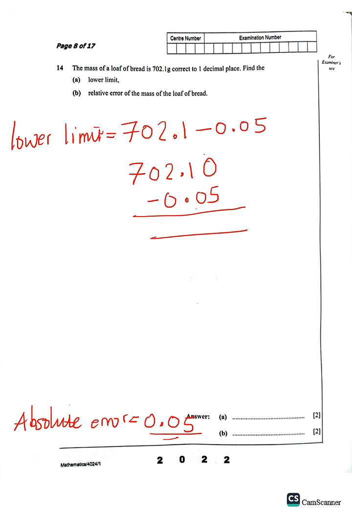Or we can just say 10 minus 0.05. 10 minus 5, we have 5 here. 2 minus 0 is 2. 0 minus 0 is 0, 7. So this is our lower limit. Whenever you're trying to find the lower limit, subtract the absolute error from the given number. If it is the upper limit, you add. So upper you add, lower you subtract. Now let's look at relative error.